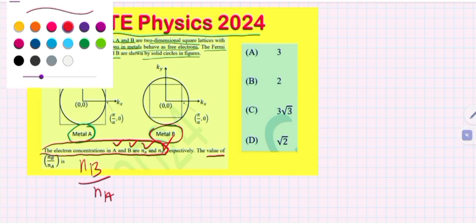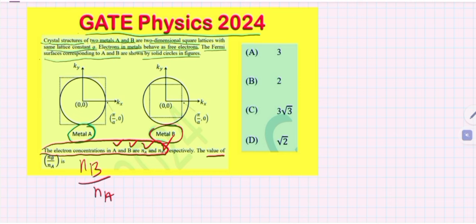So in this condition, we have to find the ratio of the electron concentration between metal B and metal A, and then match it with the given options A, B, C or D. Which one is right?